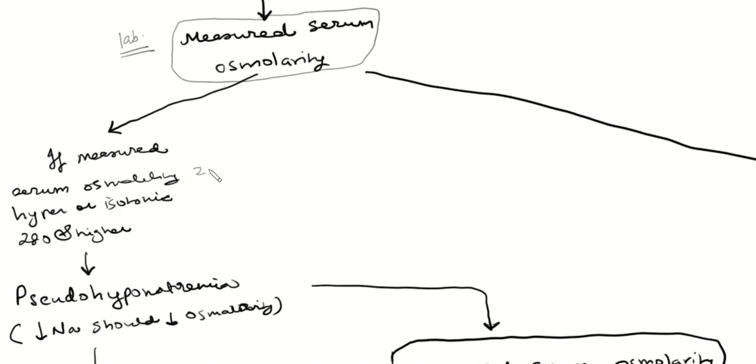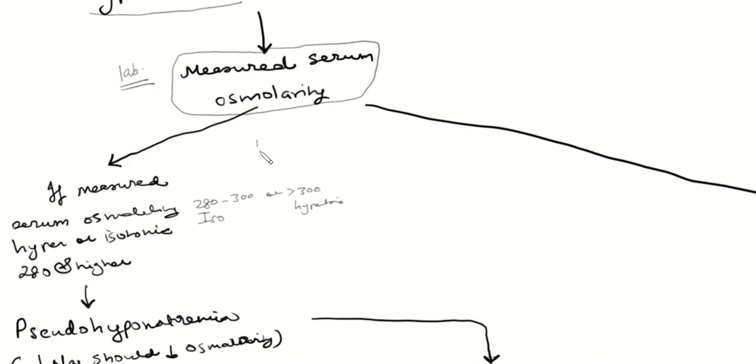Remember, normal is 280 to 300. So anytime it's isotonic, which is 280 to 300, or greater than 300, my plasma is isotonic or hypertonic. Now I have hyponatremia, which is isotonic or hypertonic and not hypotonic.